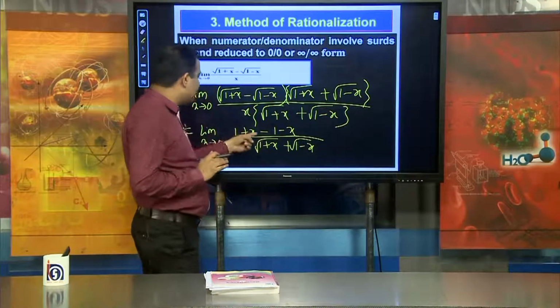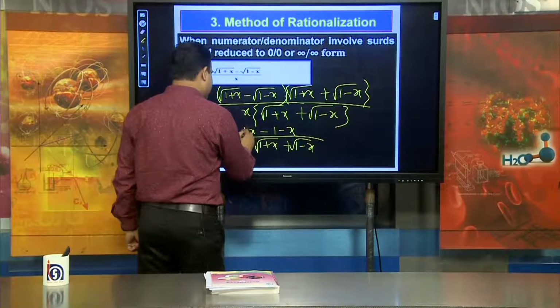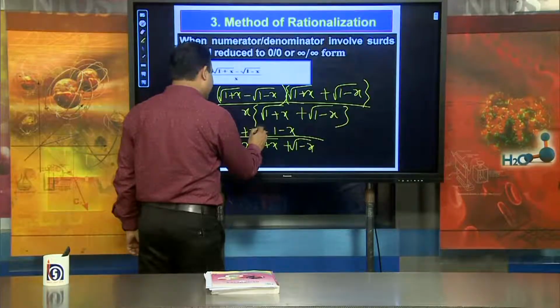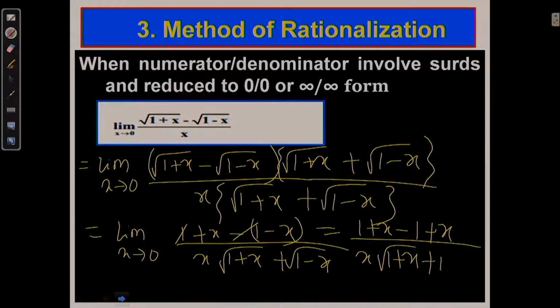Very simply I can say minus x plus x, and plus 1 minus 1 will be cancelled. a plus b into a minus b means a squared minus b squared, so I can simply write 1 plus x minus 1 plus x divided by this much, that means x into square root of 1 plus x plus square root of 1 minus x.